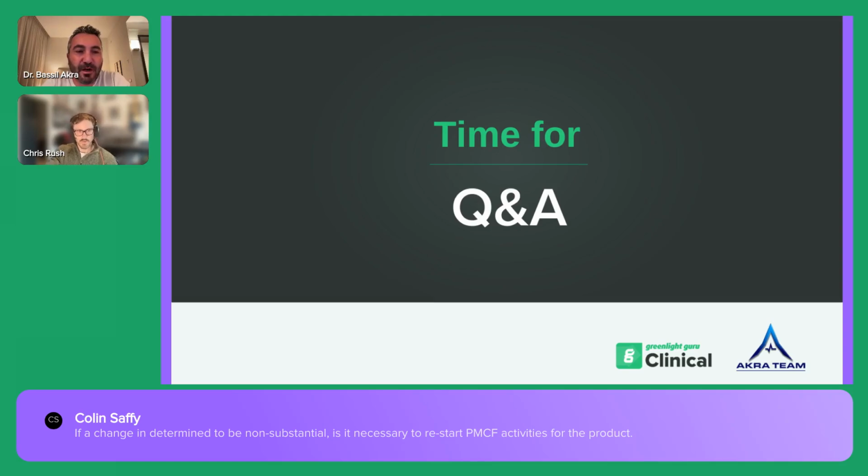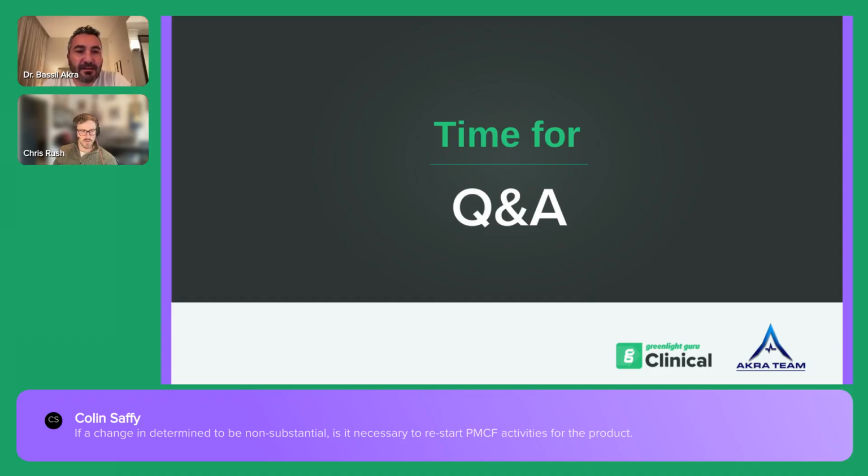If you have a device which is on the market and you do a change which is deemed non-substantial, this means that you can implement it without involving the notified body in the approval process. This is why you qualify it as non-substantial. But at the end, you need to consider, if you are collecting post-market clinical follow-up data, that you collect it on that relevant device. Now, non-substantiality can build a justification to say, I will not repeat the activity.